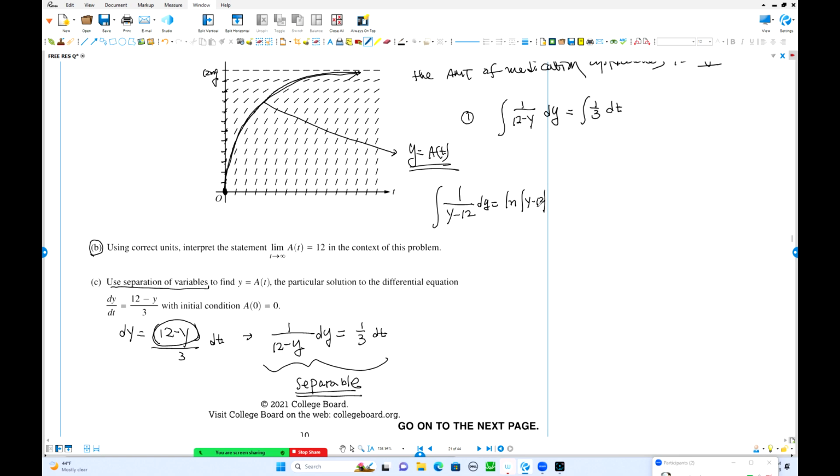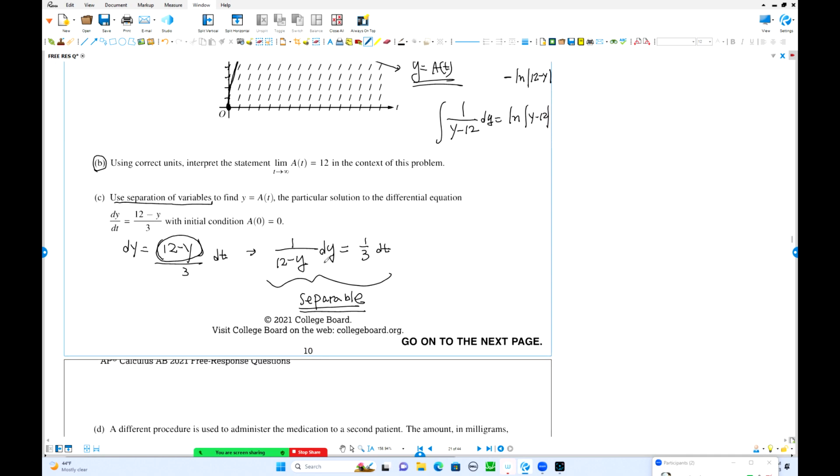But for this one, we have to be careful. The antiderivative of 1 over (12 minus y) is ln|12 minus y|, but the derivative of negative y is negative 1, so we put the negative sign there. That is the antiderivative. To avoid confusion, I like to use y minus 12 first.